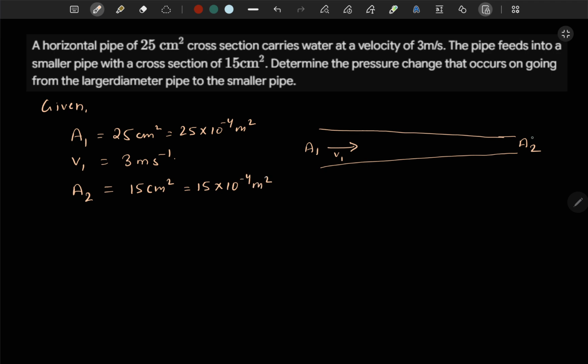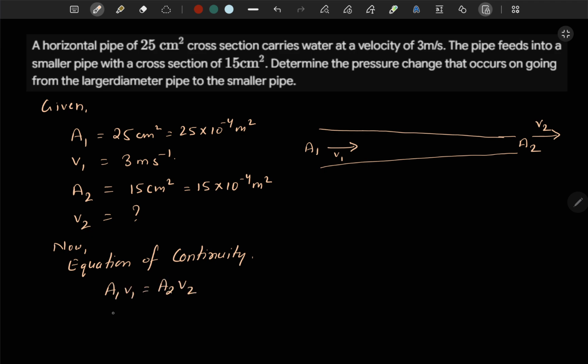Now first we will calculate at what speed the water will come out, V2. So now using equation of continuity, A1 V1 is equal to A2 V2.